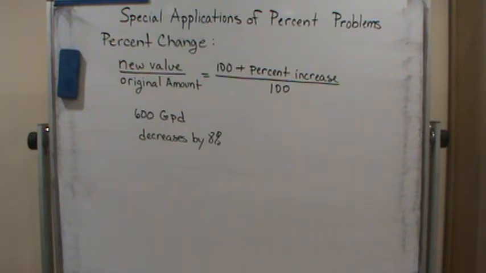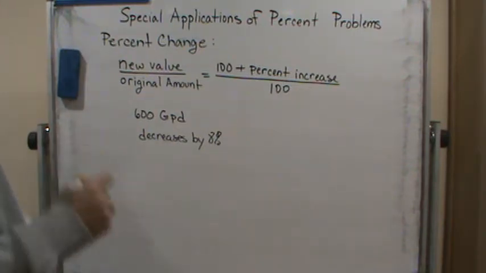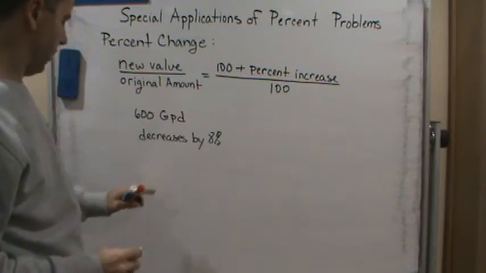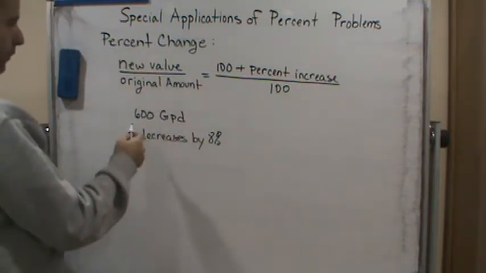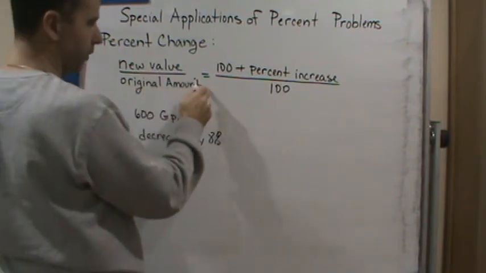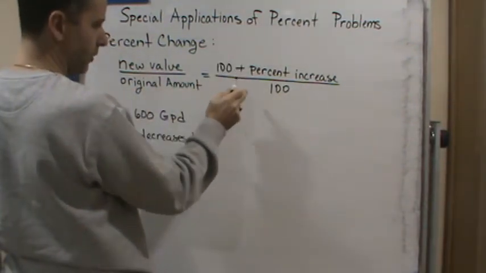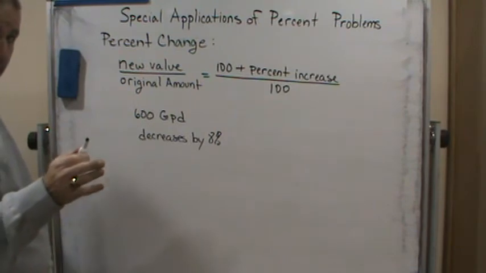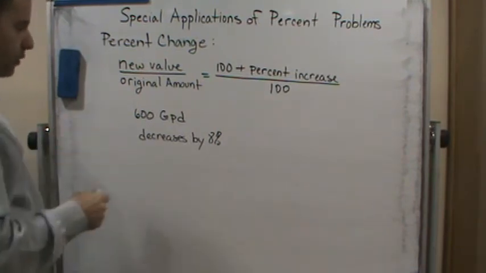So now, in this case, what do we want to do? Well, we could use the one that we used before: the amount of the decrease divided by the original amount equals the percent decrease over 100. And I recommend you try to do that, see if you get the right answer.